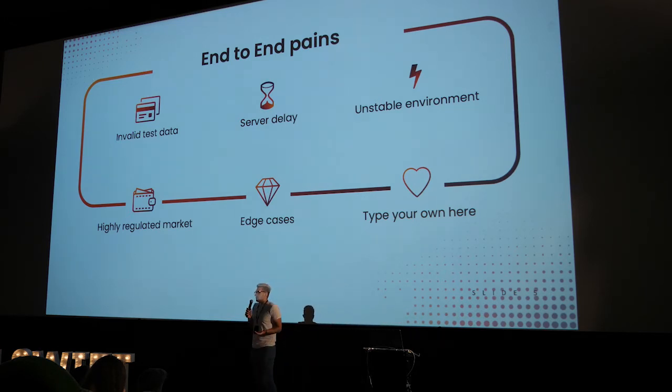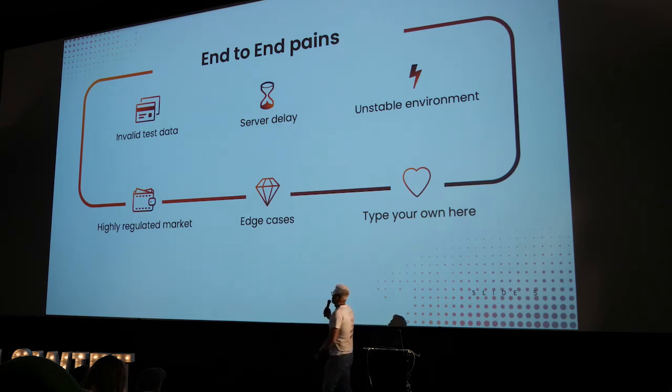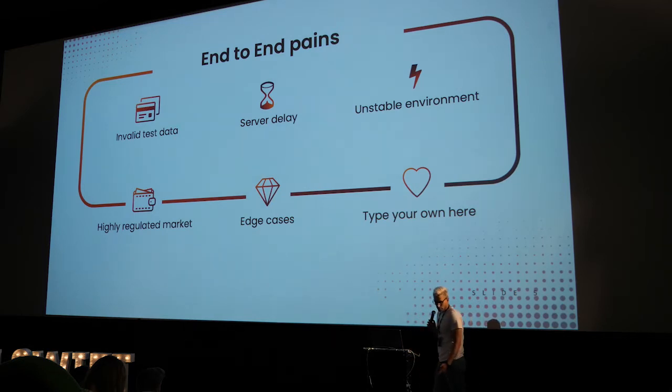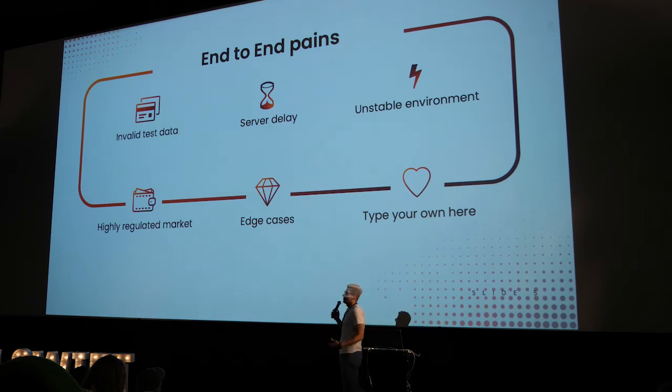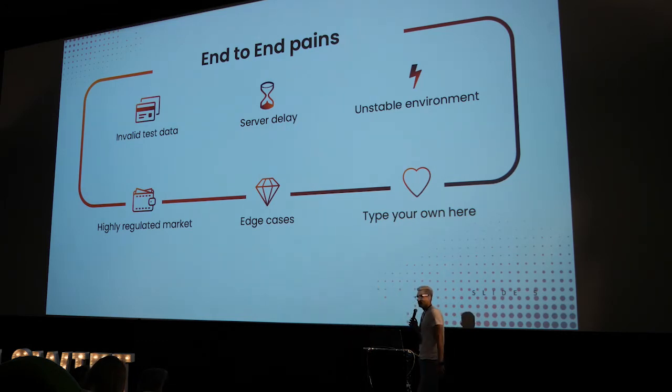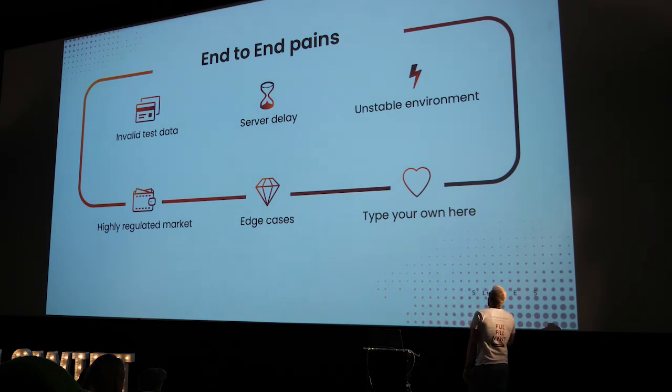Sometimes our test fails because we use real data on the TST server. Also, there is a delay, and sometimes the server doesn't work. If we have a delay, it means the test takes longer. It can take 10 seconds, but maybe 60 seconds. So that's also a problem.